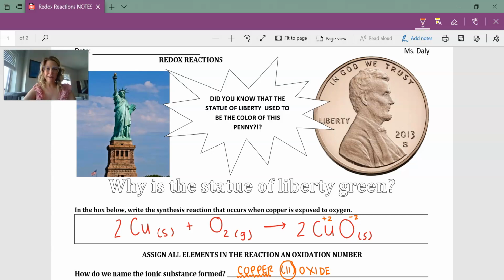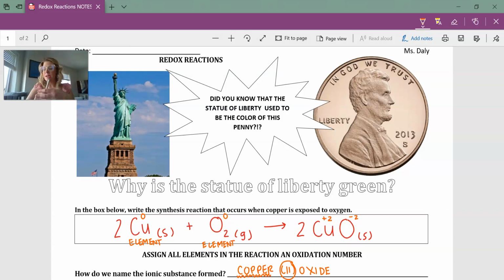Now, copper in its elemental form has not lost or gained any electrons, and therefore it's assigned a 0, right? It's in its elemental form, okay? And oxygen, O2, also in its elemental form, is therefore assigned an oxidation number of 0.